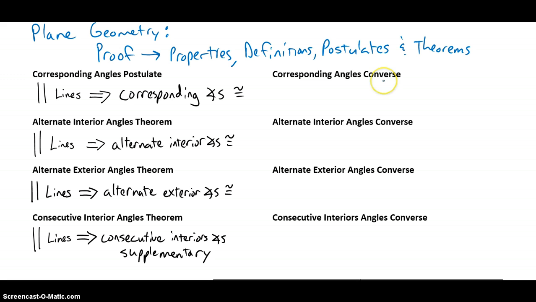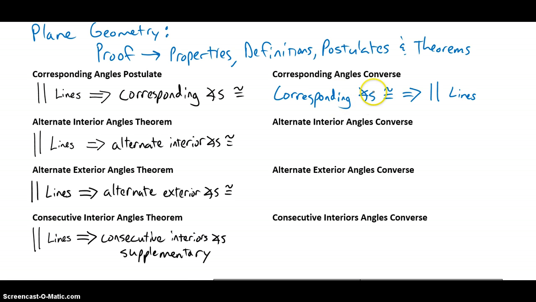The corresponding angles converse says this: if we can prove that our corresponding angles are congruent, then we can conclude that we have parallel lines.